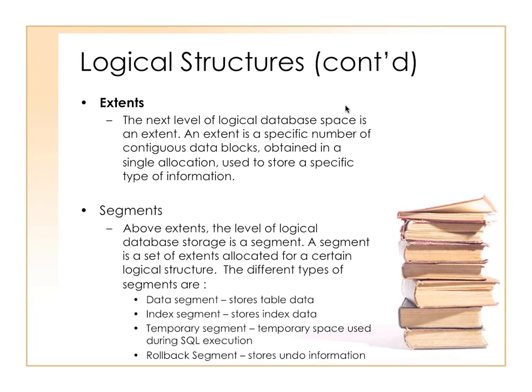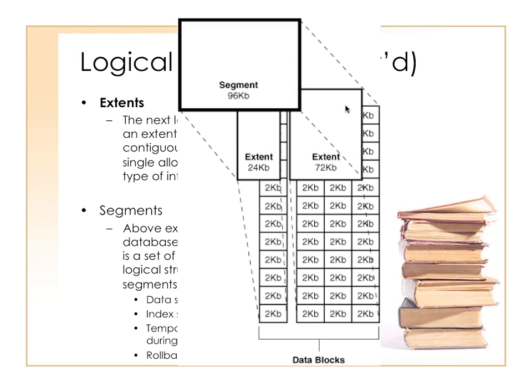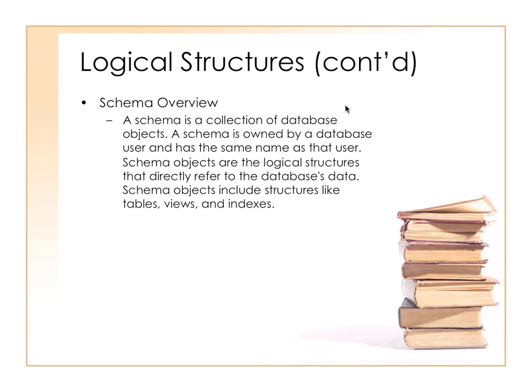If you look at it from a Microsoft Word perspective or other applications, you're able to go in and redo or remove a change that has been made. From an Oracle perspective, all of that information is based out of the rollback segment, which stores any of the undo information that you're storing. So visually, you can see segment, extent, data block. Hopefully this allows you to see the different levels of granularity.